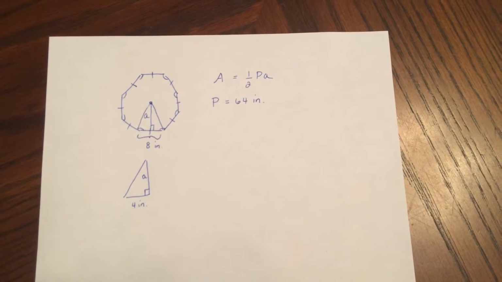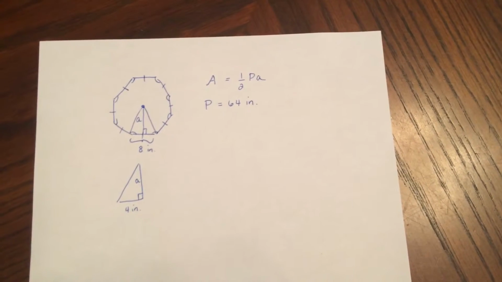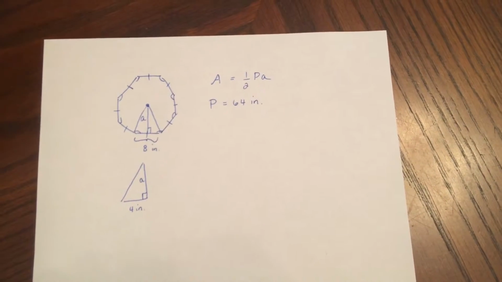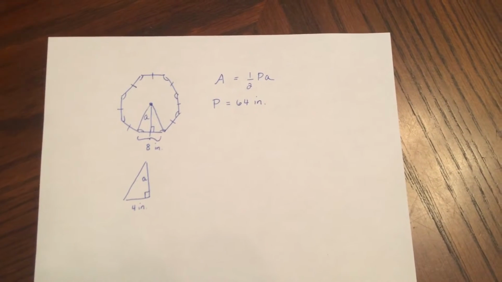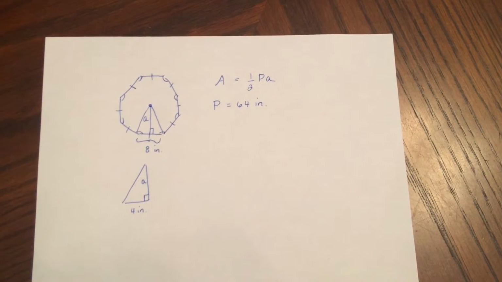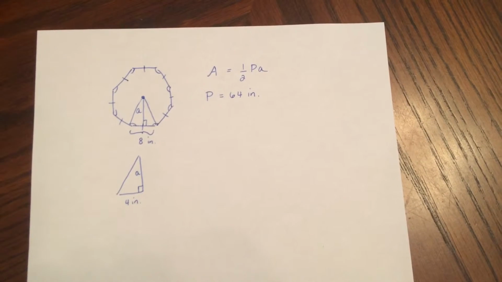In order to do this, you are only given one side length, so you're going to need some more information to find the length of that apothem of the right triangle. What you need is an angle. It's easy to find the angle of any regular polygon because all the angles are the same.